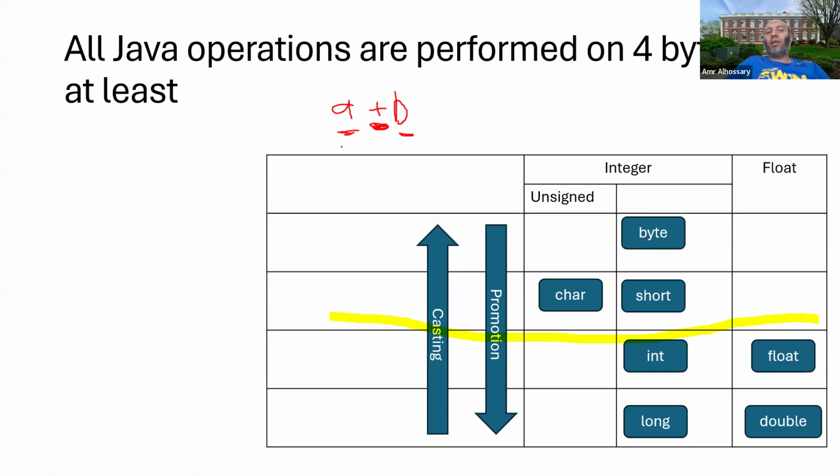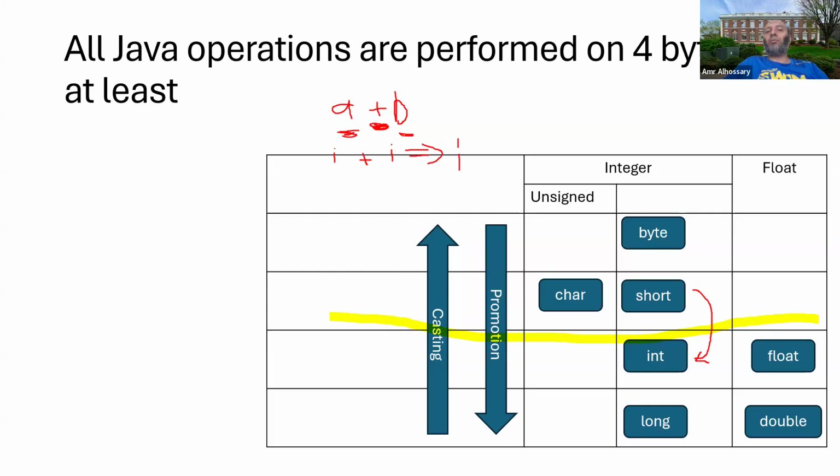It will be integer plus integer, which will produce integer. These two are promoted into int. A was short, promoted to int.